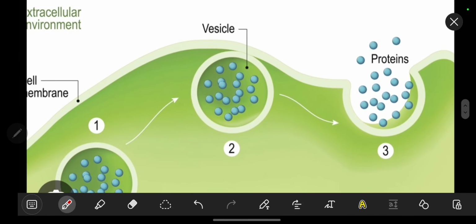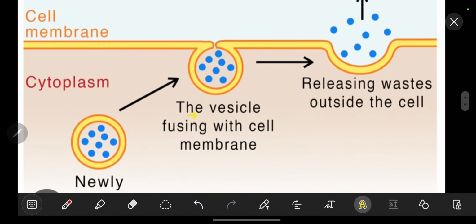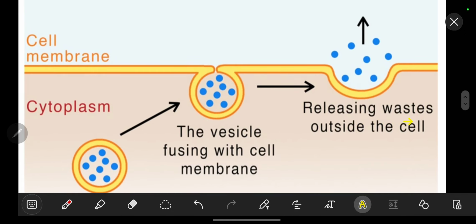So before we compare, we have this structure like this. So it's moving like that, the vesicle, then it will join the cell membrane, then it will release certain substances. So as we can see, this is the newly formed vesicle like that. Then it fuses itself with the cell membrane, then it releases wastes outside the cell.